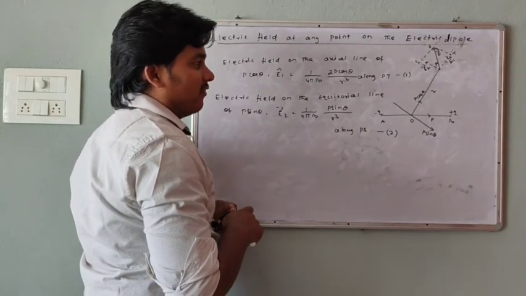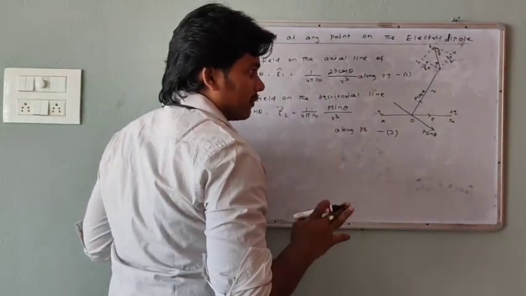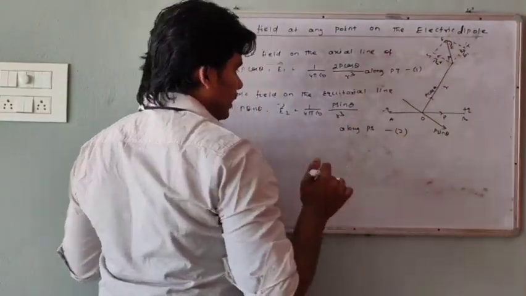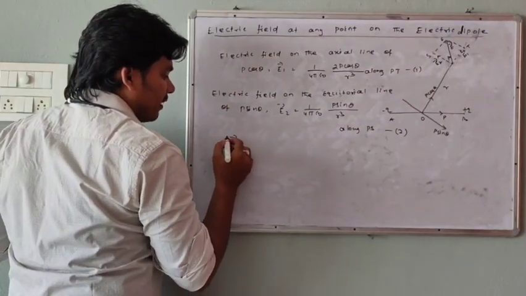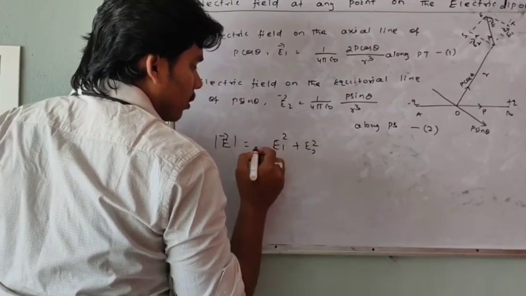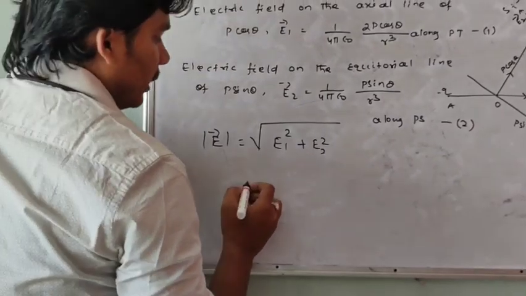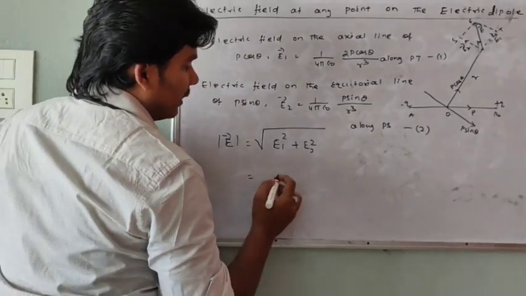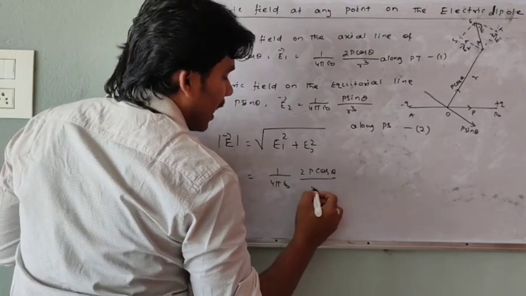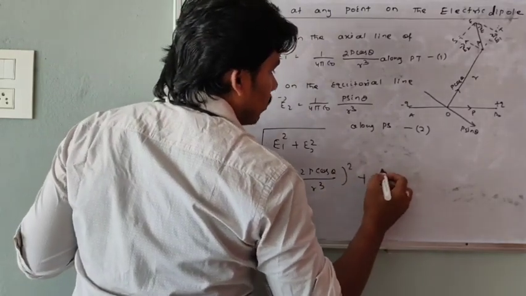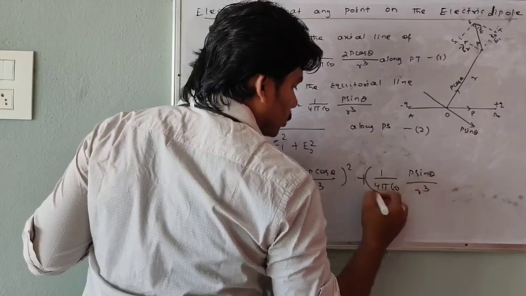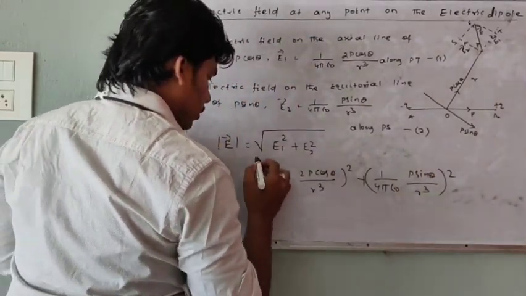Now we will find the resultant electric field. We know these two are the components of E, so the magnitude of E vector will be the square root of E1 squared plus E2 squared. This is the root of (1 by 4 pi epsilon naught 2P cos theta by r cube) whole squared plus (1 by 4 pi epsilon naught P sin theta by r cube) whole squared.